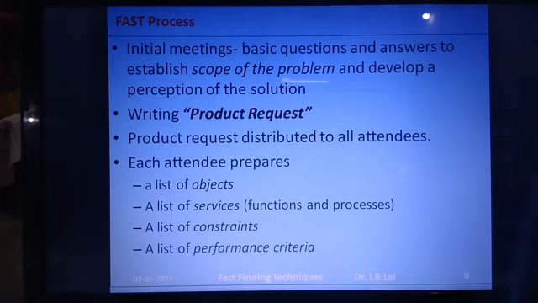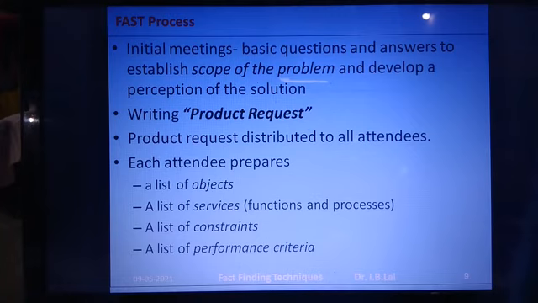Each attendee is first asked to make a list of objects that are part of the environment, other objects that are to be produced by the system, and objects that are used by the system to perform its functions.